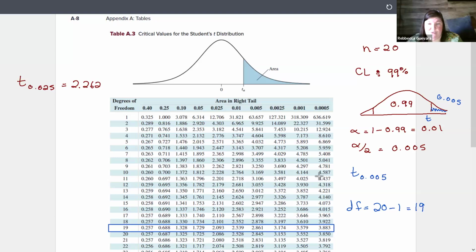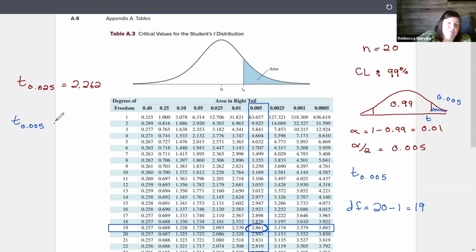I need a 0.005, which is right here. And what we're going to have is that t for 0.005 is going to be 2.861. Okay.